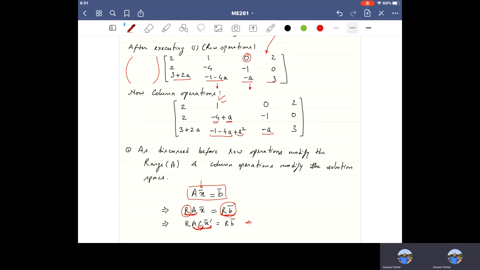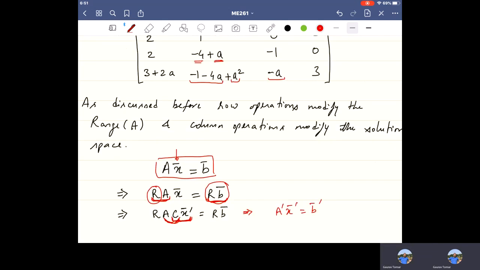So now the modified equation would look something like A prime x prime is b prime, where A prime is essentially given by doing row operations on A and column operations on A. This is how you obtain A prime.